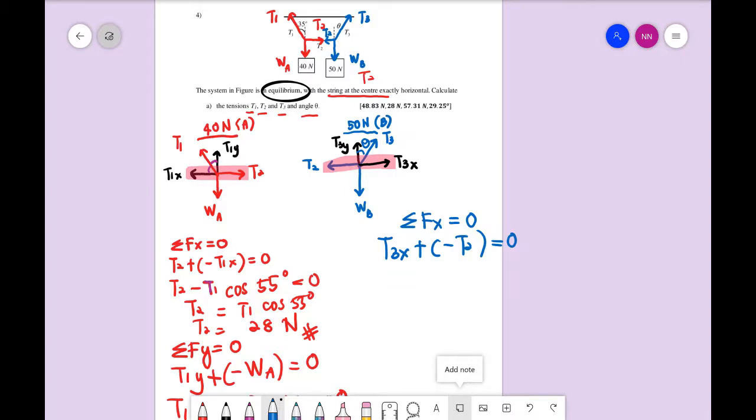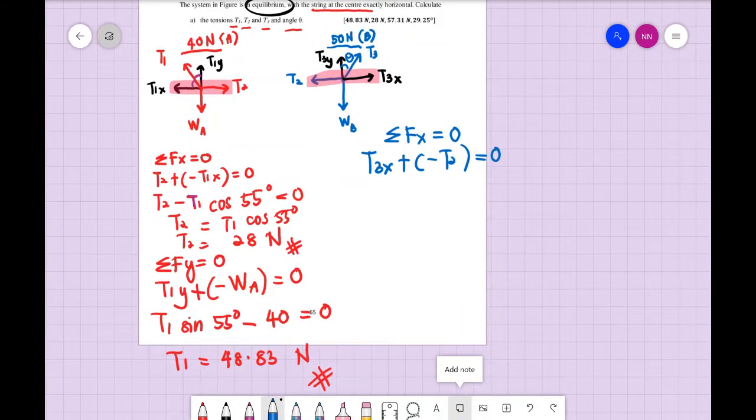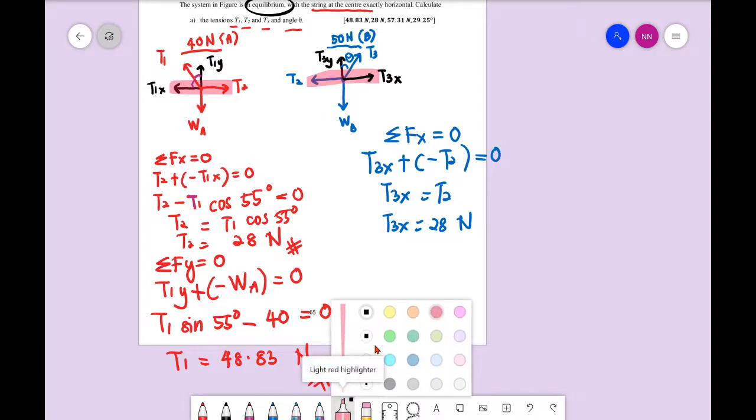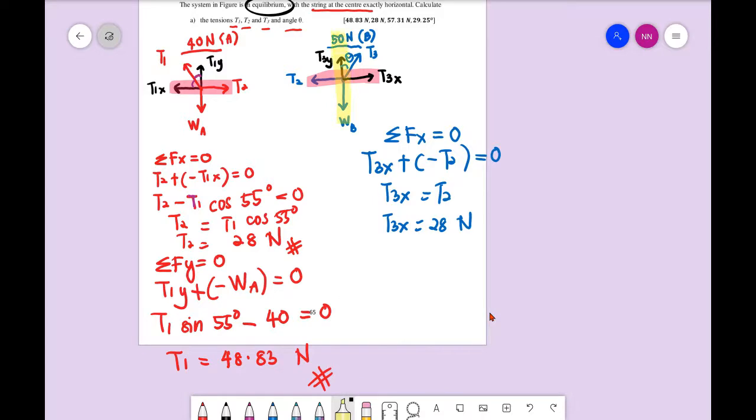Or maybe you can calculate T3X first. So T3X equals to T2, so T3X is 28 Newton. And then how about T3Y? T3Y is in this area, at the Y component.